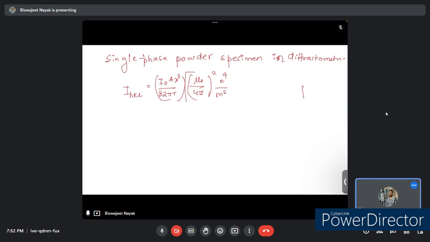So to find the relation between this diffracted intensity and concentration, we consider the equation for intensity diffracted by a powder specimen, and the form of this equation depends on what kind of apparatus you are using, like what kind of diffractometer you are using.